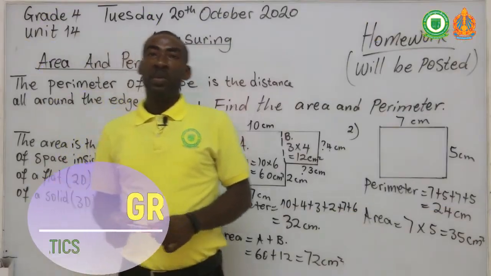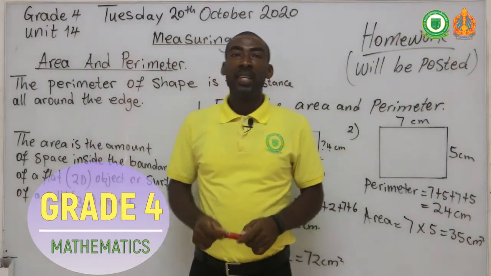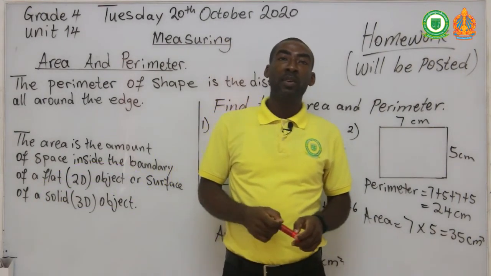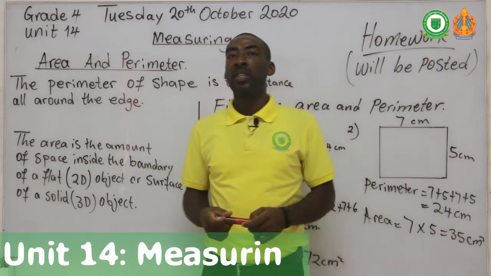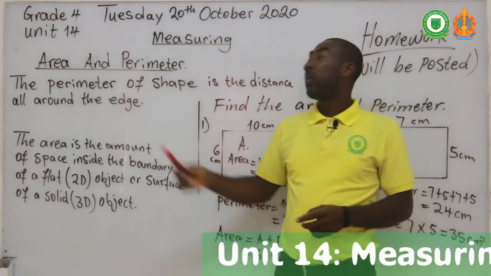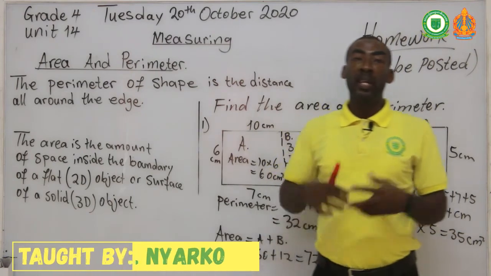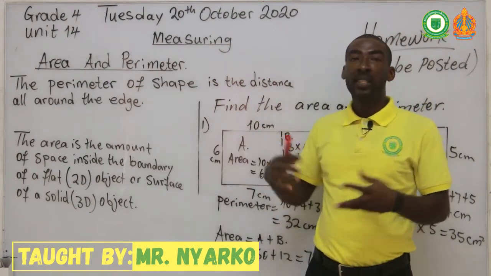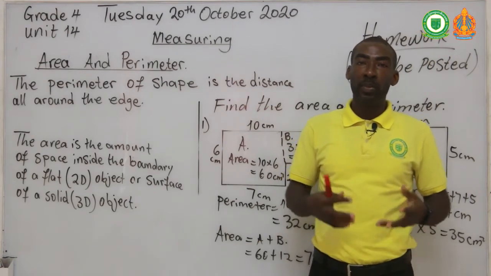Students, welcome back to our last video on our lesson, area and perimeter. This has been part of our units on measuring. So we have studied today that perimeter means that we are considering all the outside lines forming up a shape, okay?